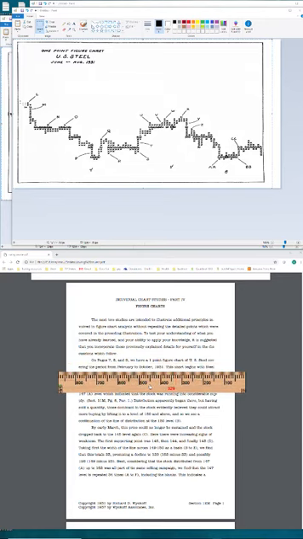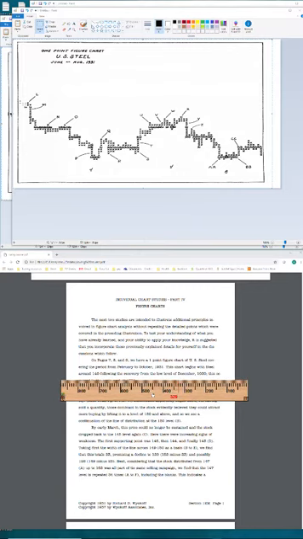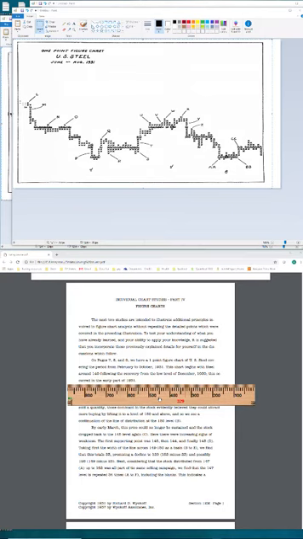we got a 1 point figure chart from February to October of 1931. This chart begins with steel around 140, following the recovery from the low level of December 30th.